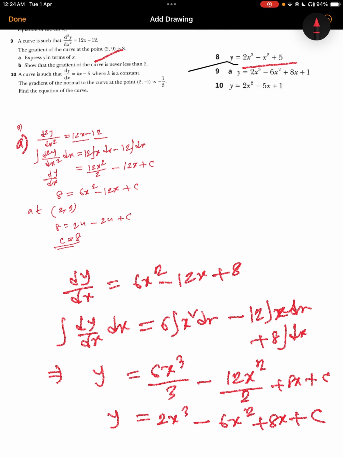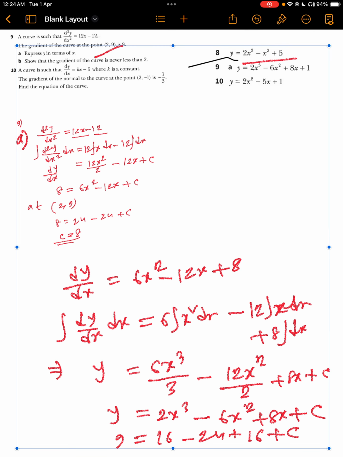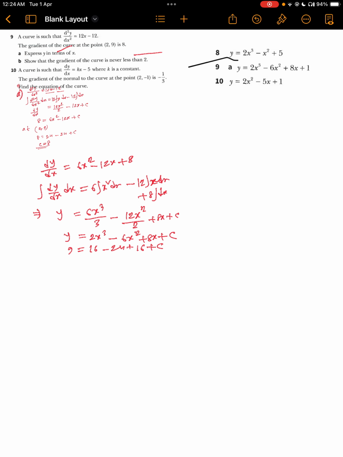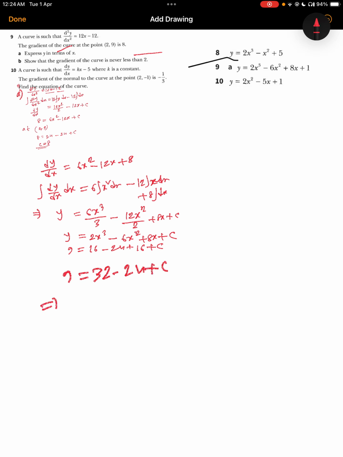So I'm putting 9 for y and 2 for x. So 2 times 8 is 16, minus 24, plus 16, which is 8, and 9 equals 8 plus c. So here the c value is 1.